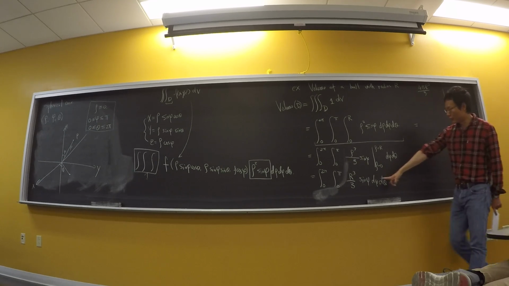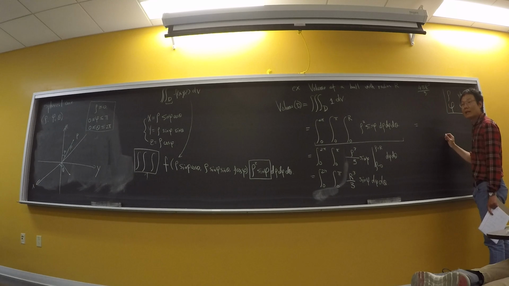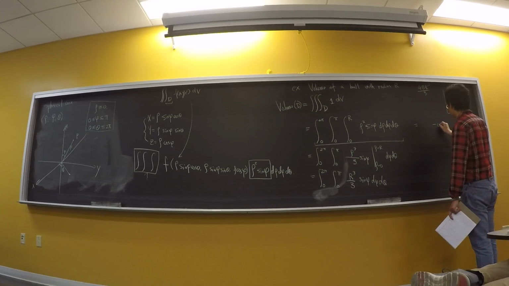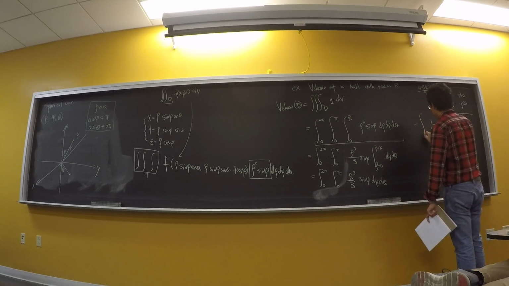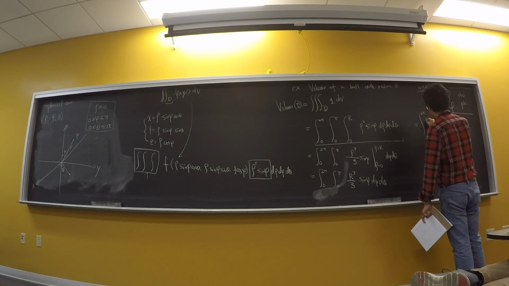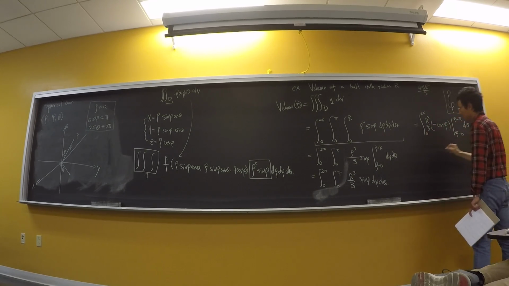Then I'm looking for the antiderivative of sine phi, which is minus cosine phi, evaluated from phi equals 0 to phi equals pi. Then from 0 to 2 pi, I have R cubed divided by 3 d theta.